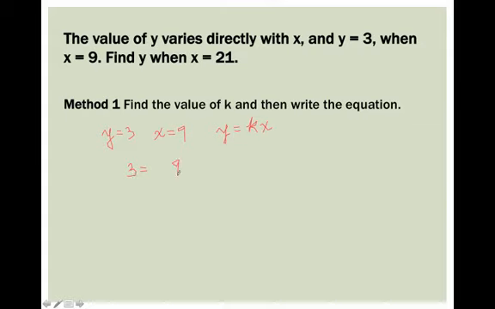To solve for k, I'm going to divide both sides by 9. And my k equals 1/3. I can then write my equation y equals 1/3 x.